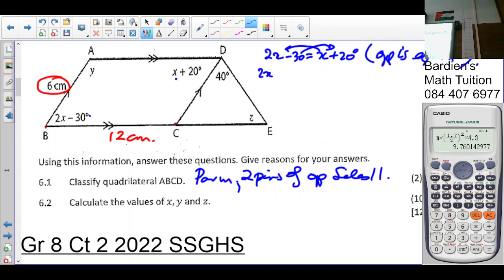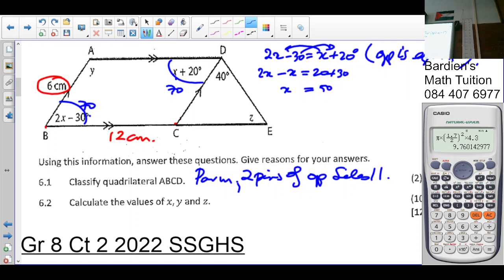You got 2x minus x is equal to 20 plus 30, which is 50. x is 50. Okay. So if x is 50, then that is going to be 2 times 50, which is 100, minus 30, which is 70, or 50 plus 20 is 70. Why do I fill that in? Because I know there's other calculations that are going to take place in this diagram.